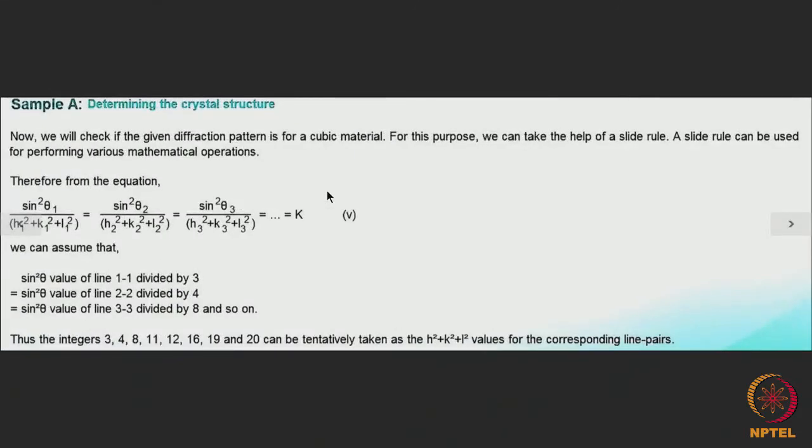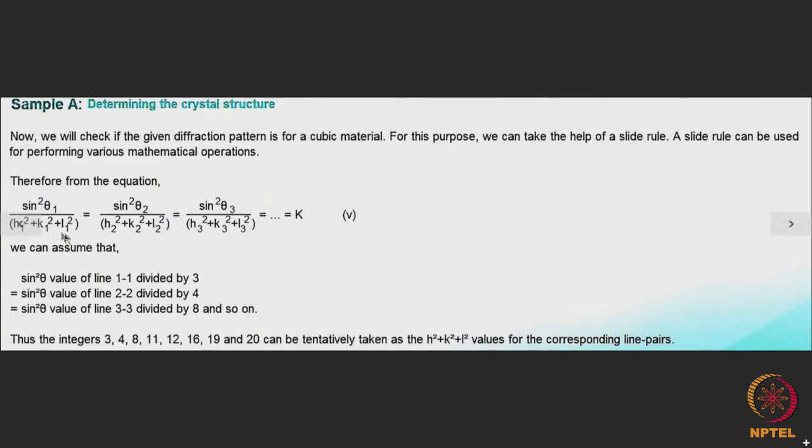Say, for example, if h, k and l are such that h is 1, k is 0, l is 0, then what will happen? h square plus k square plus l square will be simply 1.